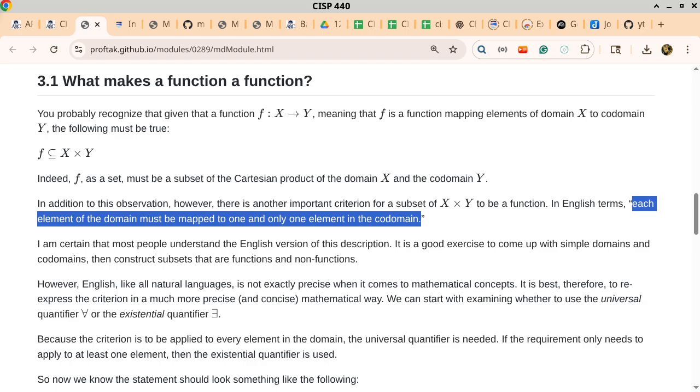What does it mean? Each element of the domain must be mapped to one and only one element in the codomain. Okay, so that is correct.